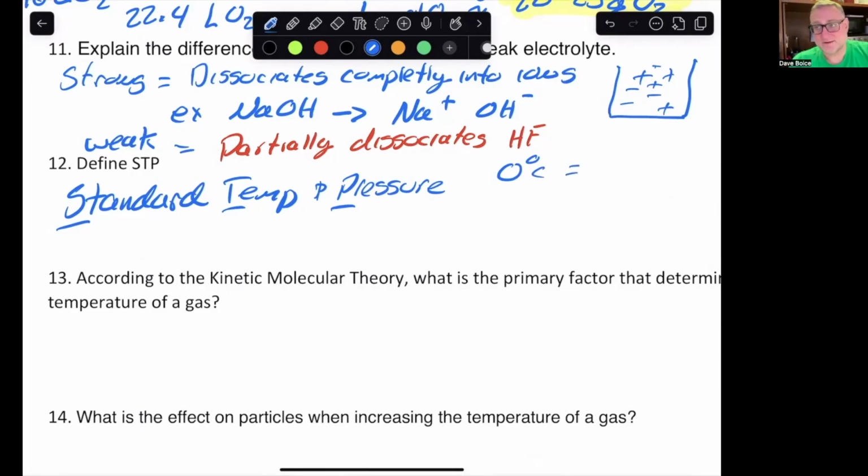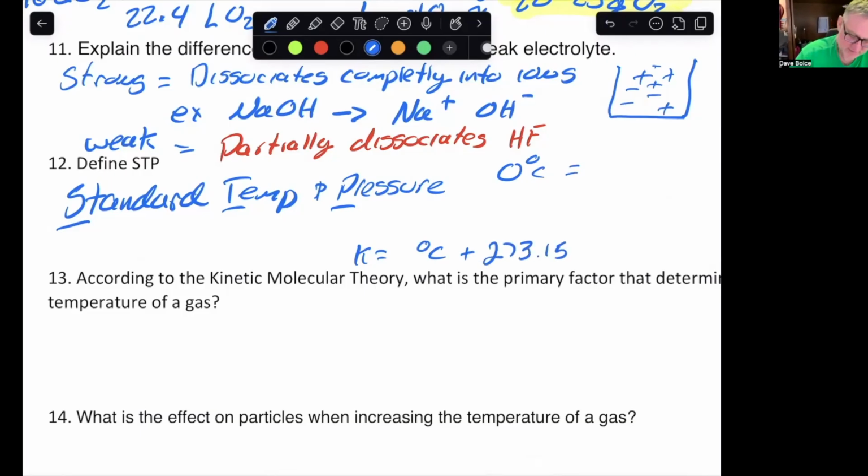And remember, when converting Celsius to Kelvin, Kelvin equals degrees Celsius plus 273.15. So 0 degrees Celsius or 273.15 Kelvin. If you're doing math formulas, it's almost always going to need to be in Kelvin. That's just how they're set up. The whole point is Kelvin doesn't have negative numbers, so it's a lot better for math formulas.